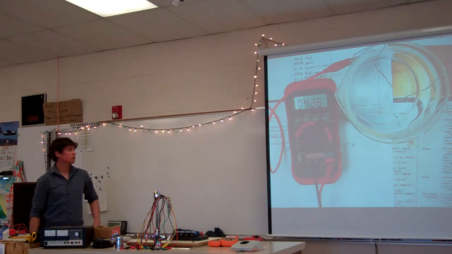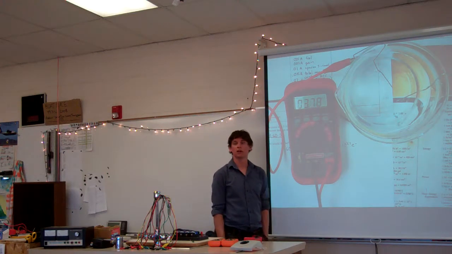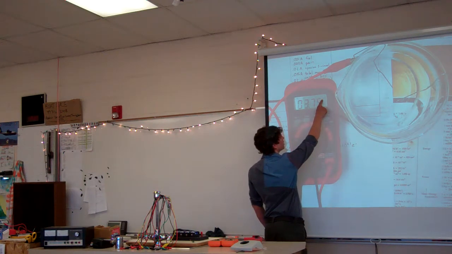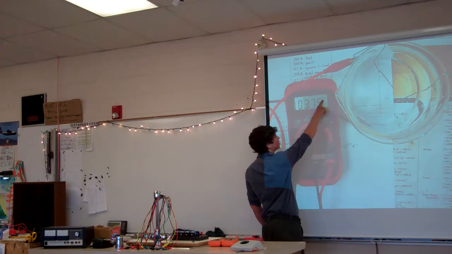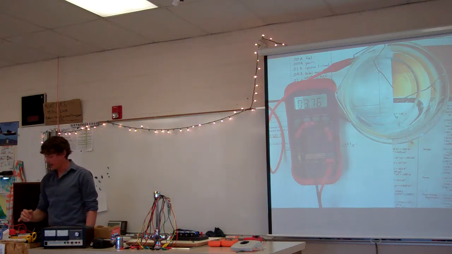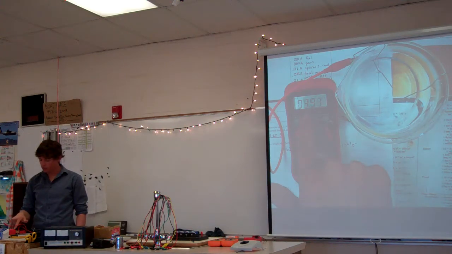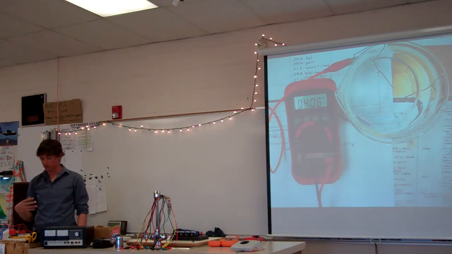Nice thing about this multimeter is it is an auto-ranging multimeter. This little letter changes, and that's a K. What's K stand for in the metric system? Kilo. Okay, so right now it says 3, let's say 4 because it's fluctuating.